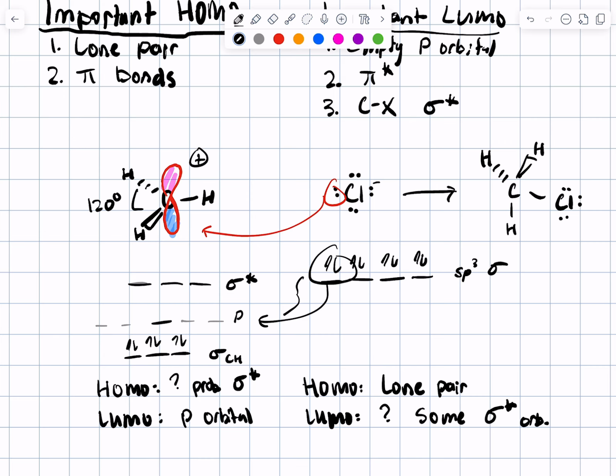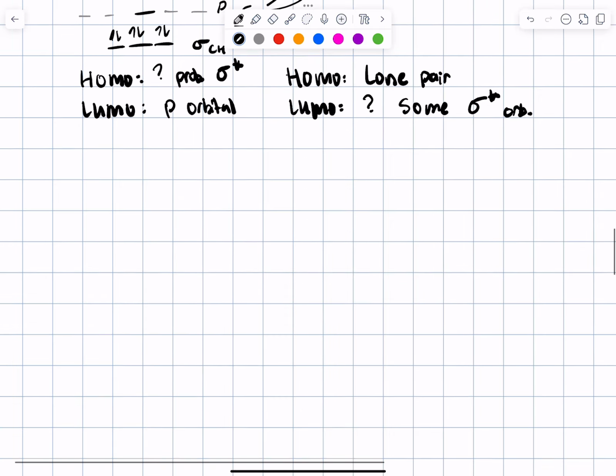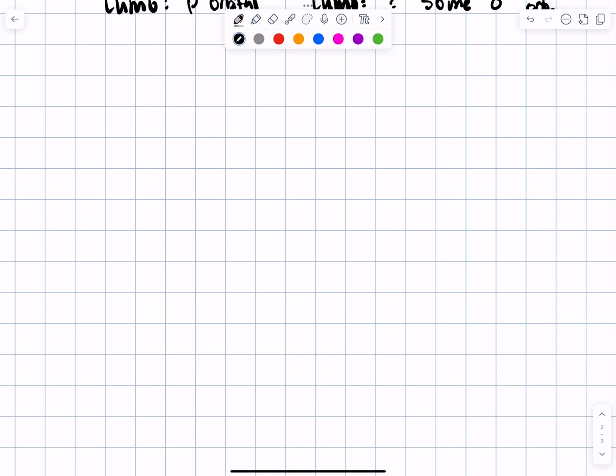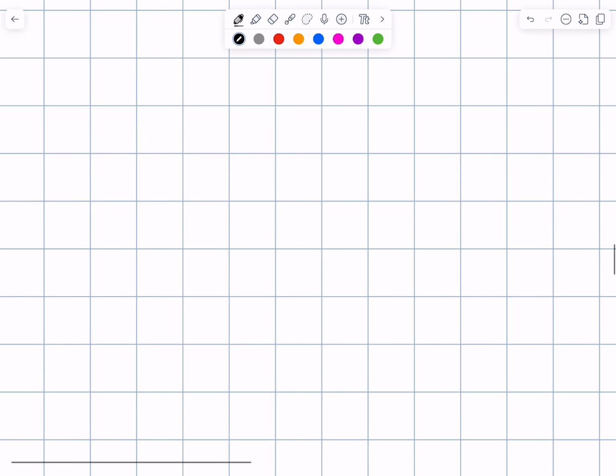All right, so that's the first reaction that we'll see. The next reaction that we'll look at is similar to that question 2. It's going to be using that molecule. So let's look at carbon double bonded to an oxygen, and we're going to add to this OH minus.